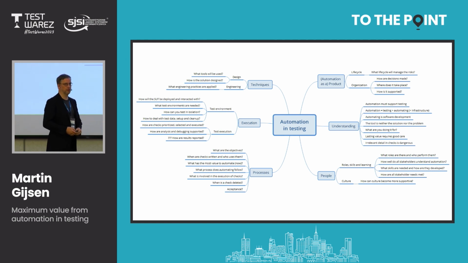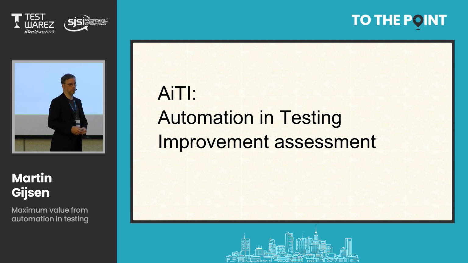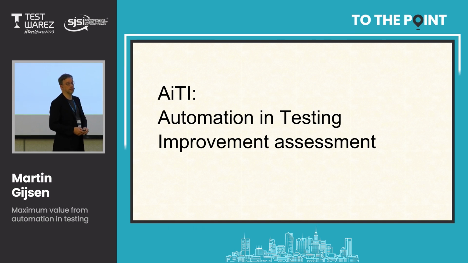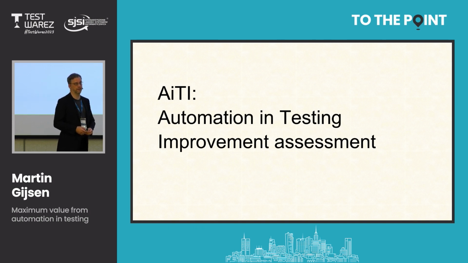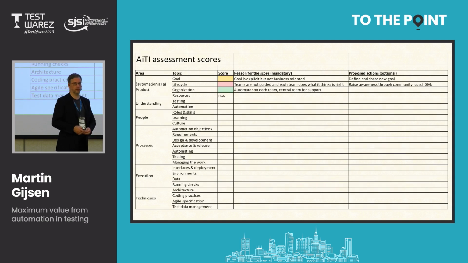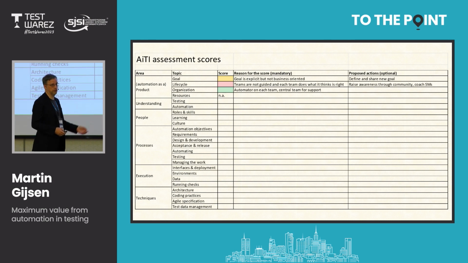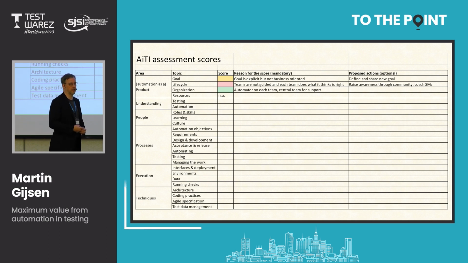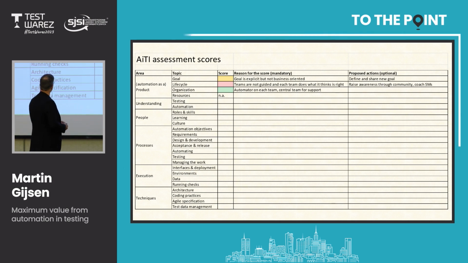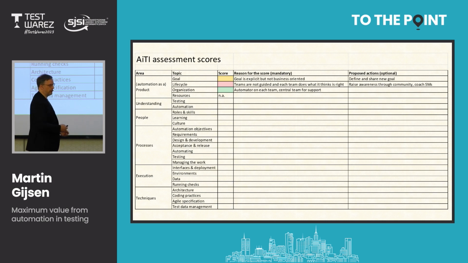So a bit more practical then is something that I call the automation in testing assessment, which I then made. And I want to share with you what that is. So basically what I did was make a table, but it's an Excel sheet, of course. You know, test tools use Excel, right? Anyway, so I have the various areas according to the PUPPET categories.